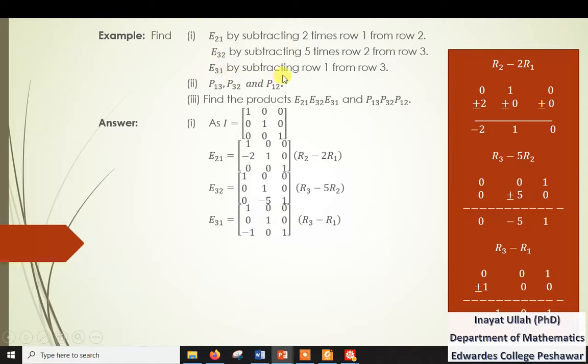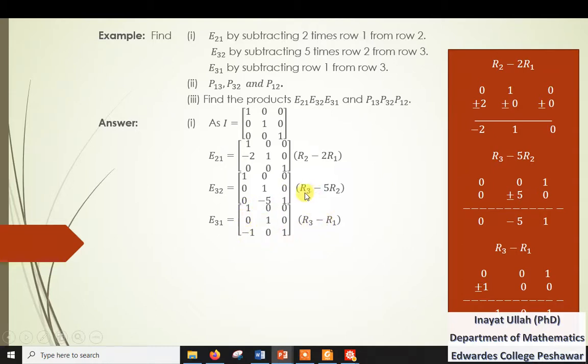Similarly, for E31, we need to subtract row 1 from row 3. So row 1 is subtracted from row 3. We know that there is 1 with row 1. So minus 1 will appear in row 3 where there is 1 in row 1. So you see 1 is here in row 1, so below this 1, minus 1 will appear in row 3.